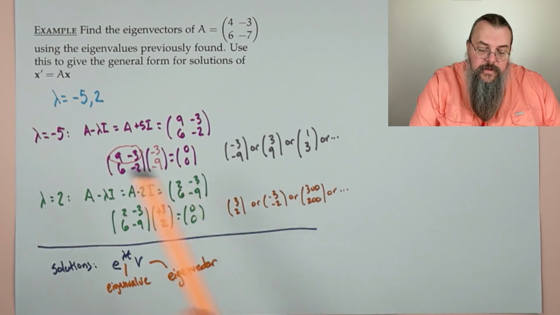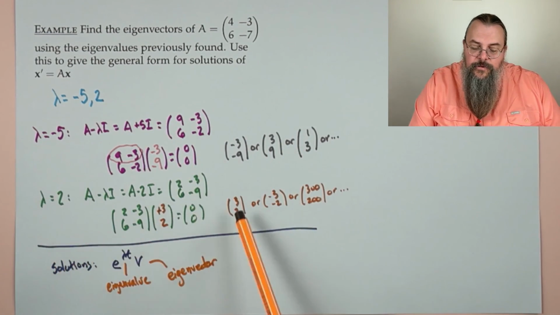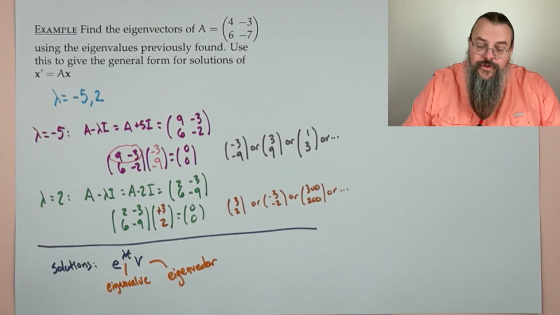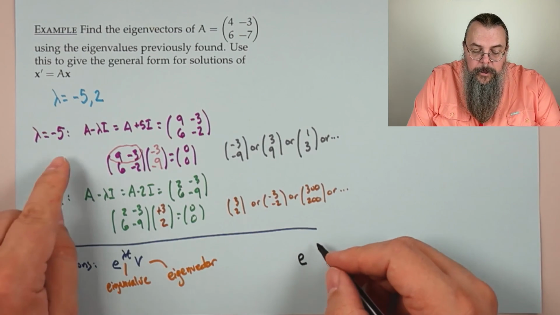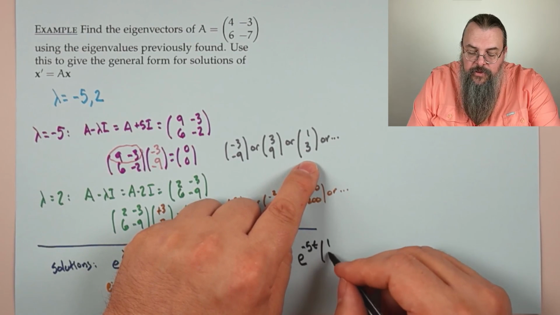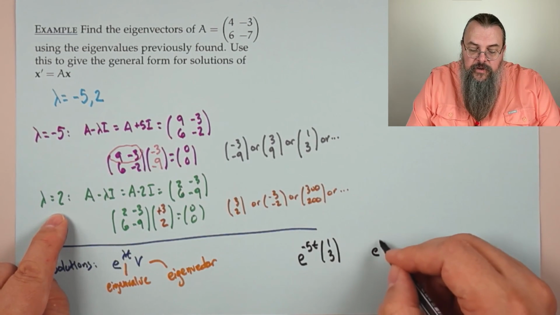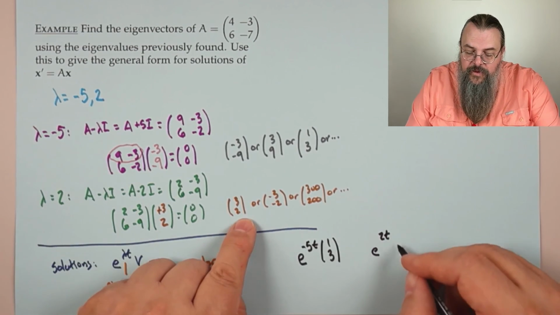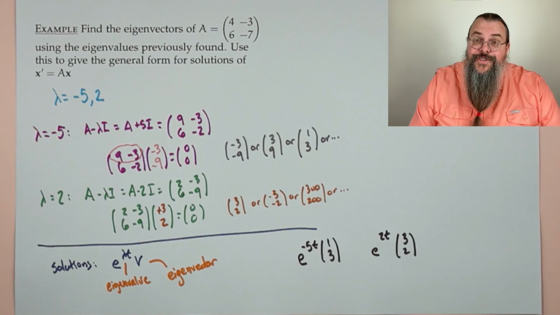We have eigenvalue with eigenvector, eigenvalue with eigenvector. So we have two solutions. Namely, we can choose e to the minus 5t times 1, 3. And we also have e to the 2t times 3, 2. Here are our two solutions.